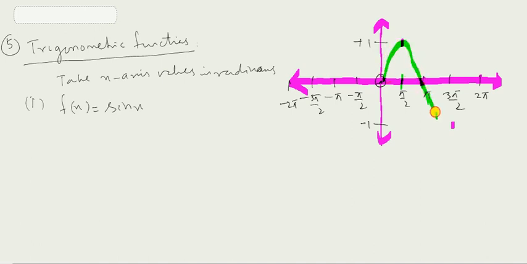At pi then it will move like this, 3 pi by 2, and at last it will be 2 pi. So this curve is a smooth curve, like this it should go, right? Now if I continue on the left hand side also, at the same time it will go like this.